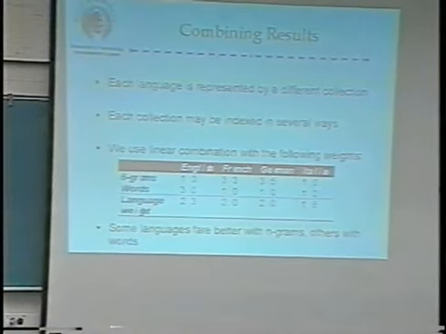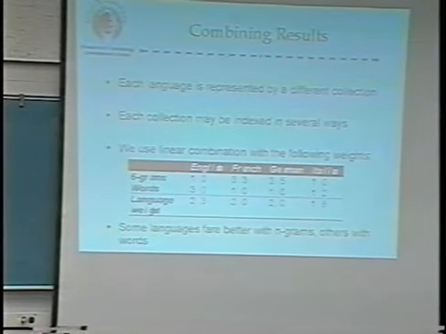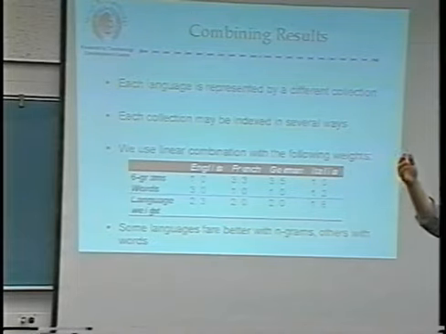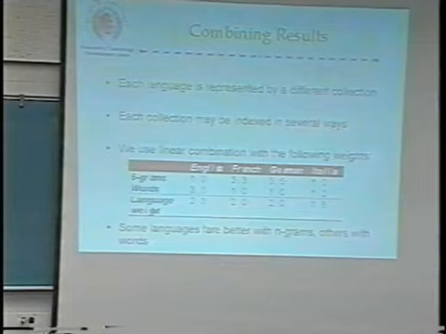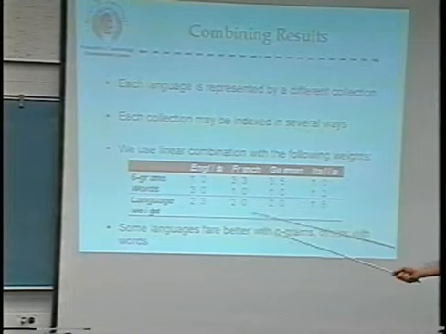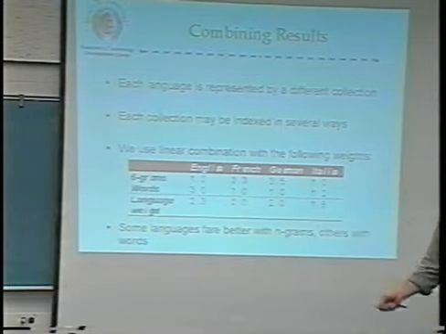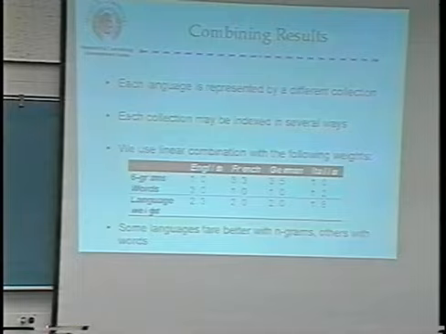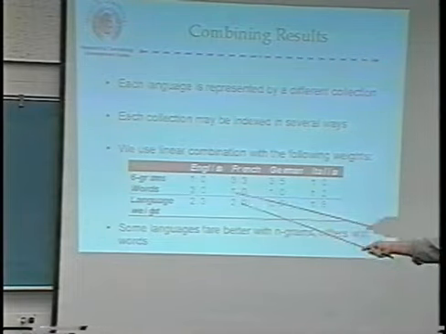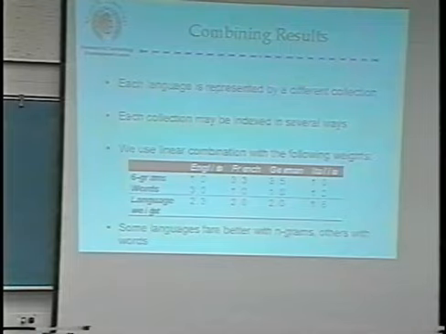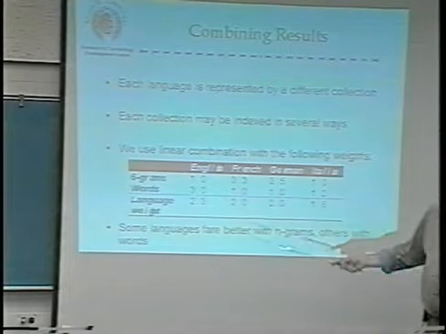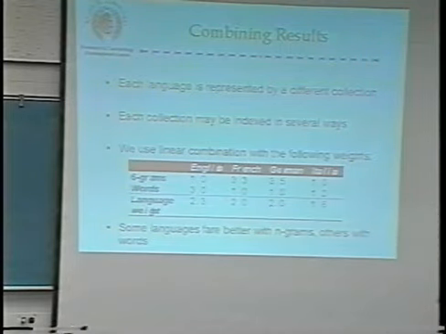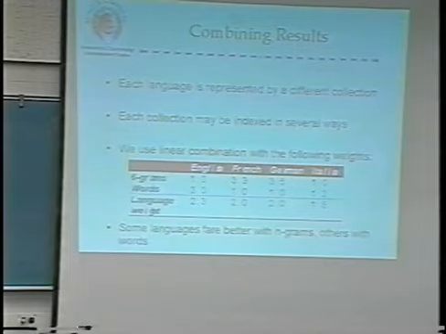We then weighted the word retrieval versus the n-gram retrieval differently in the different languages. Okay, so for English, for example, our tests at that time were showing that on the collection that was being used for cross-language retrieval, words worked significantly better than 6-grams. So we weighted the word results 3 times the weight of the 6-gram results.